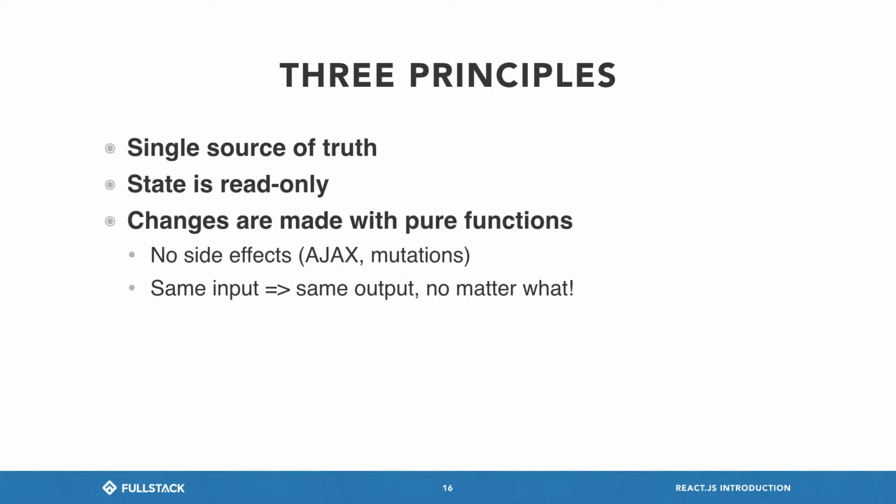So anything you want to have happen that is not deterministic, like network calls or any randomness, must happen outside of the reducer. The reducer must deterministically take a current state and an action and return a state. So it will always return the same state for a given action.